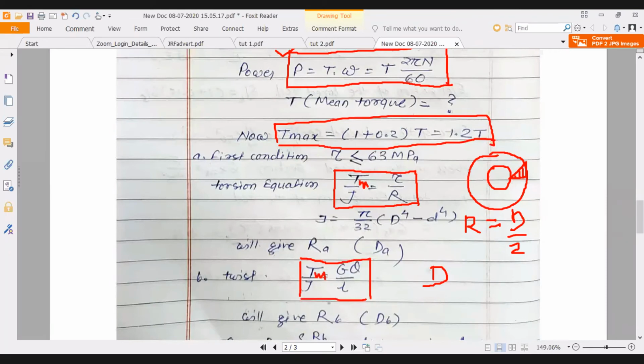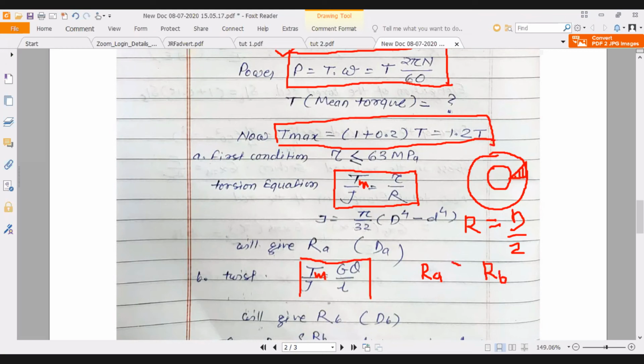Now tell me, suppose we have calculated two values of external radius, this RA from this equation and RB from this equation.